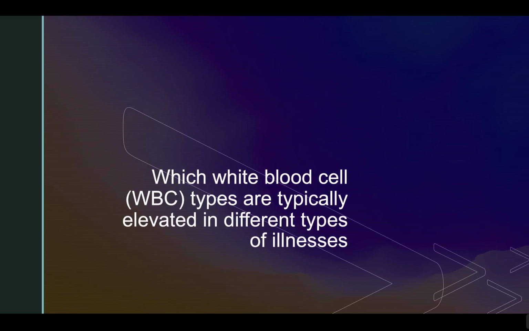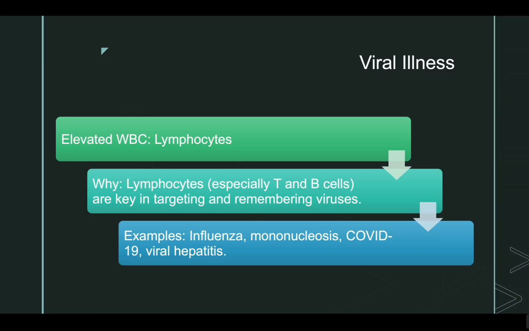I hope this helps. So let's quickly talk about the white blood cells that are typically elevated in different kinds of illnesses. In viral infections, we have the lymphocytes that are elevated, and this is because the T and B cells will target such a virus, deal with it, and be able to remember it.